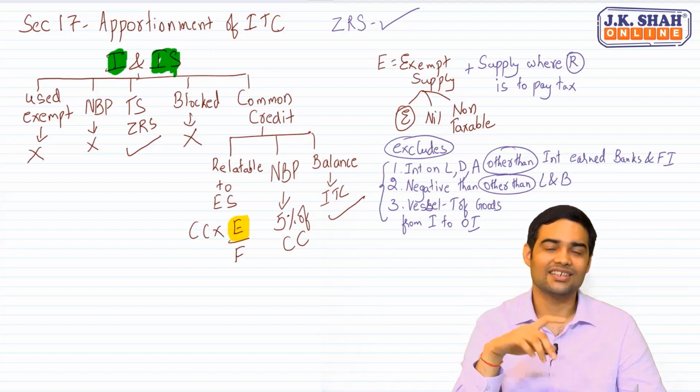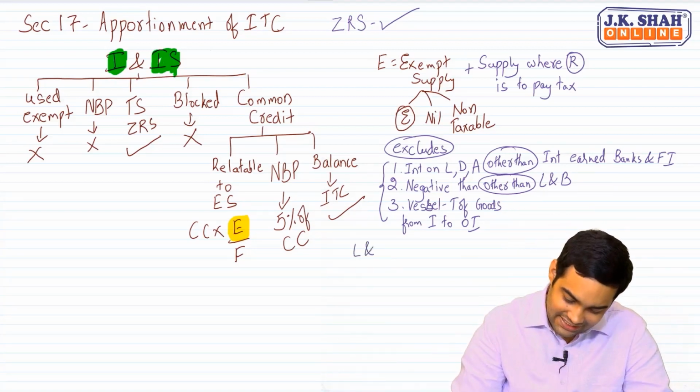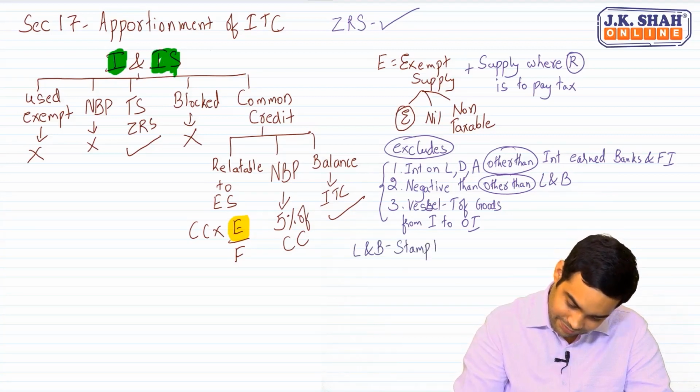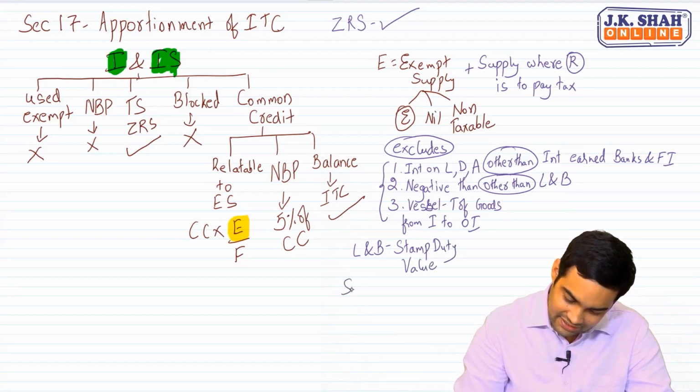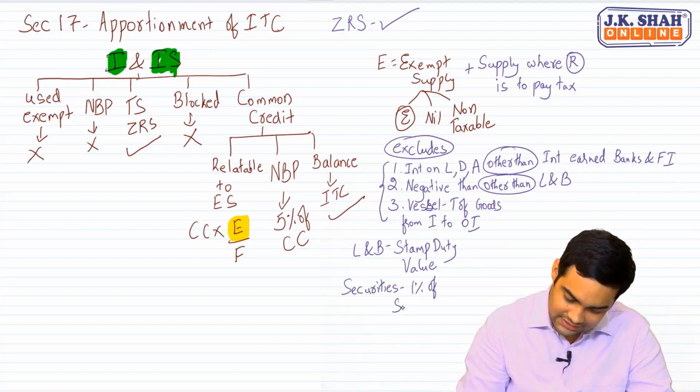Very important. Okay. Then the law has also said that for land and building, the valuation will be based on stamp duty value. And for securities, the valuation will be 1% of the sale value. 1% of the sale value.